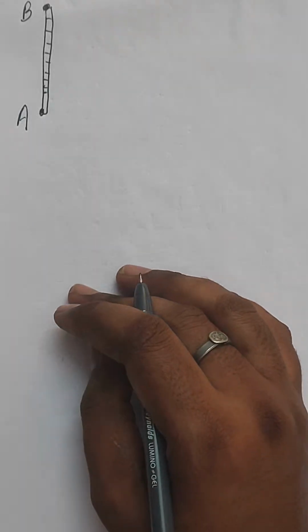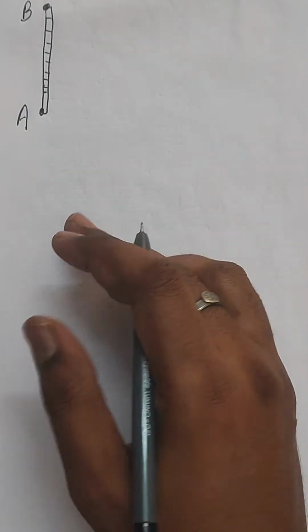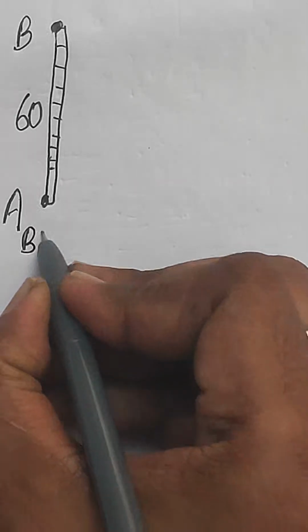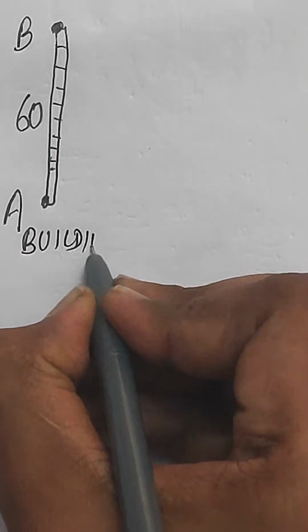And here from the top of a building, the height of this building is given to you as 60 meter, right? Now the height of a building is given to you as 60 meter, and first of all let me write that. Yes, this is a building, right?